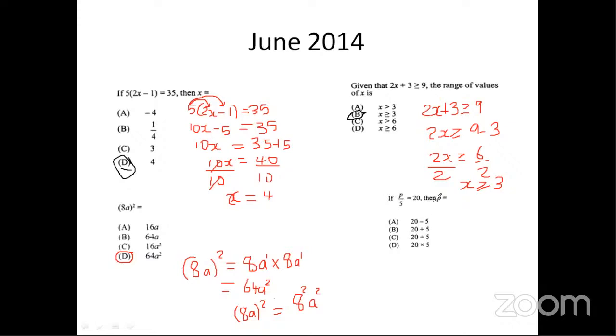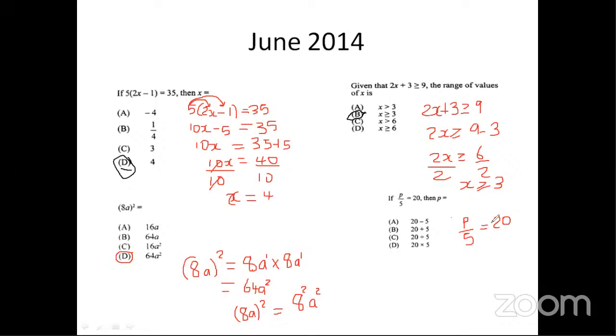All right, next one. If p over 5 is equal to 20, who wants to shout cross multiply with me? Cross multiply.